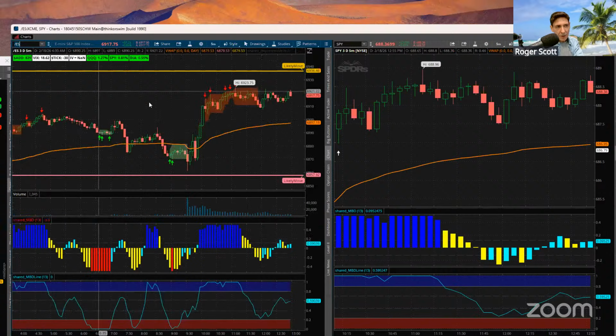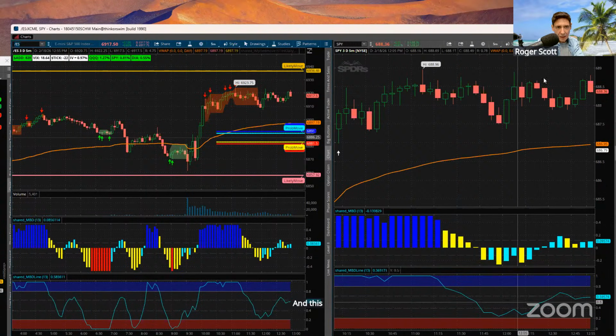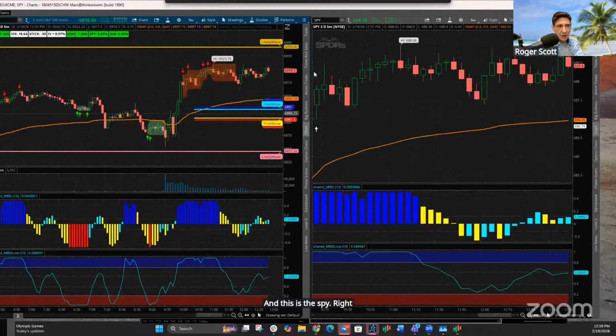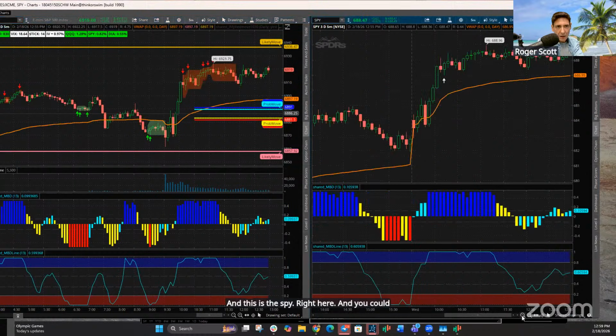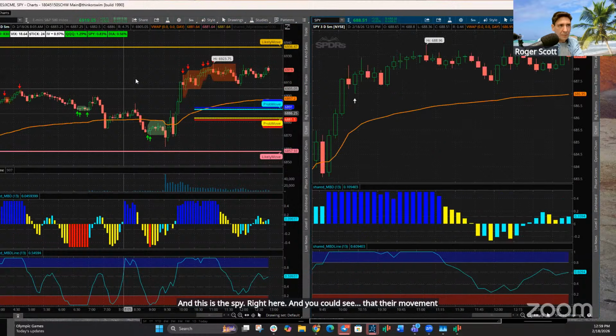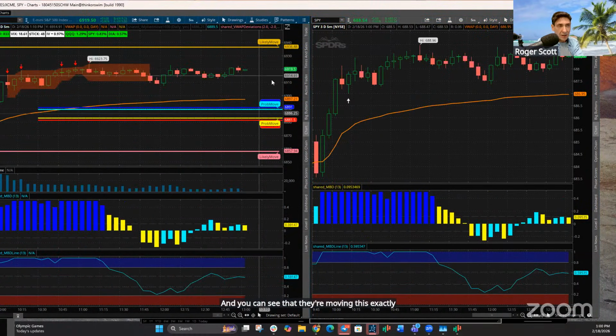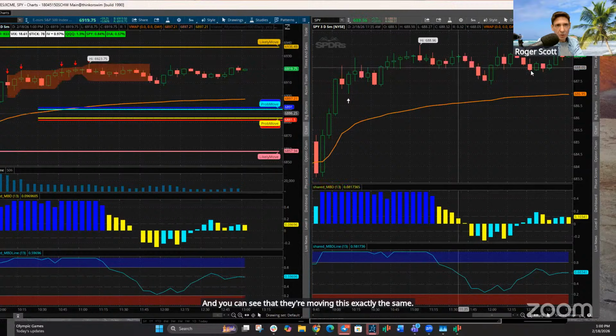This is E-mini right here, and this is the SPY right here. And let me blow this up. You could see that their movement is exactly the same. So you could choose to trade the SPY itself right here, or you could trade the SPY options.